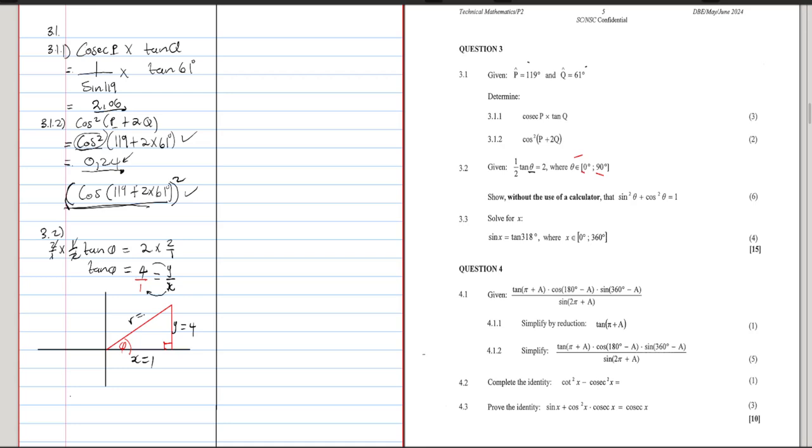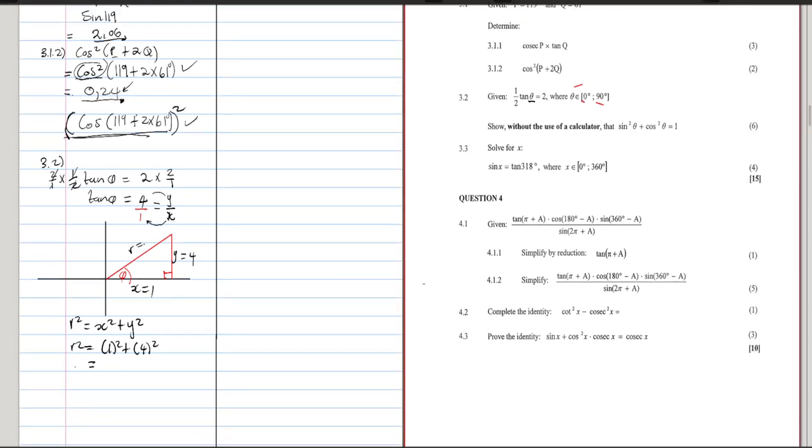So we're going to say r squared is equal to x squared plus y squared, where x is 1 and y is 4, equals r squared. So that's 1, and 4 squared is 16. Yes, that's 16.